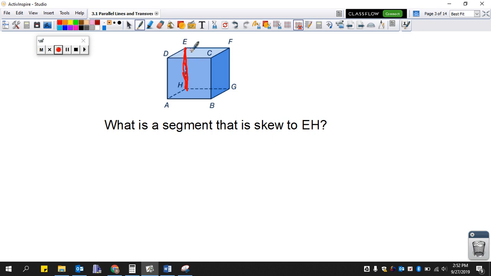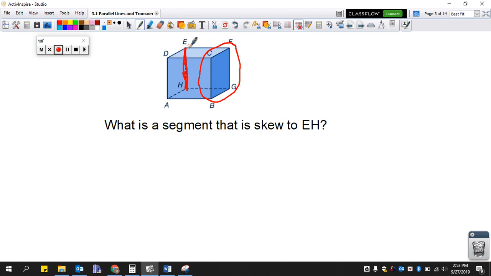So really there's only one plane, which would be this plane over in the right hand side here. Well, no, actually it's not the only one, because you have the front plane as well, the DCBA. So what is the segment that's skew to EH?